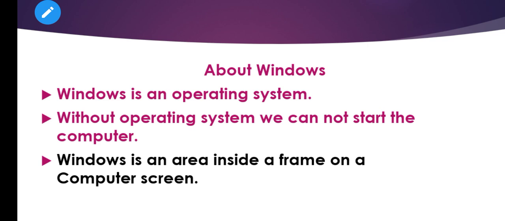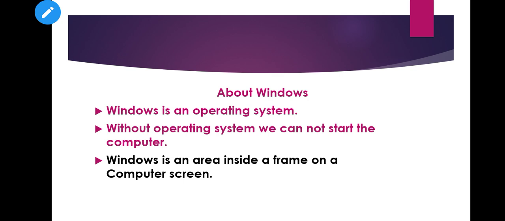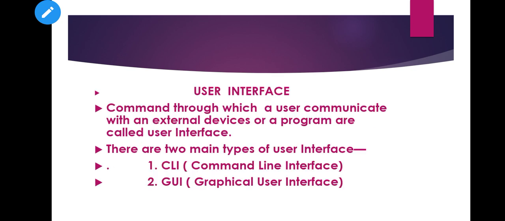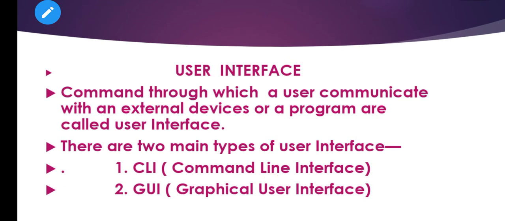Windows is an operating system. Without it, we cannot even start a computer and work on it. Now, children, this way we can understand Windows is an important operating system in our computer system.